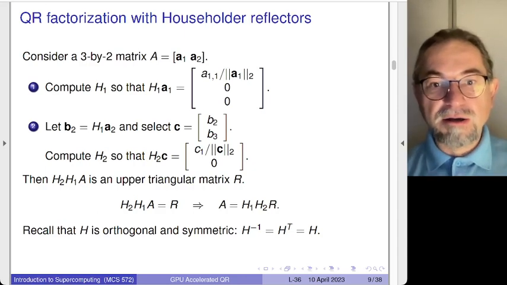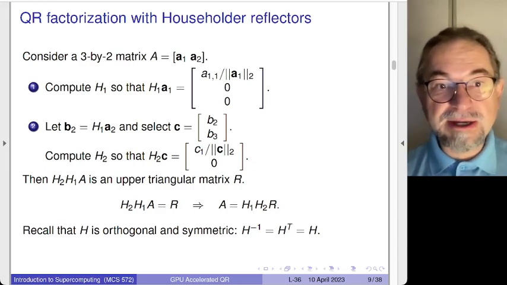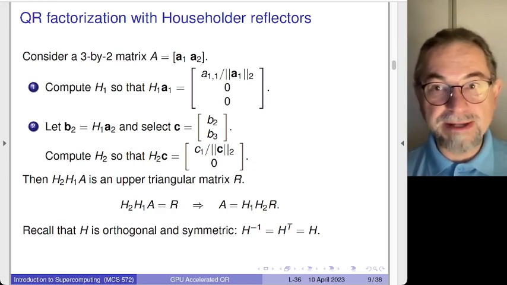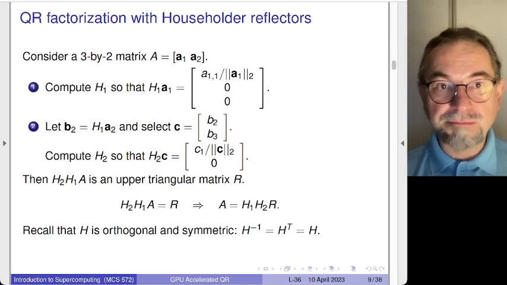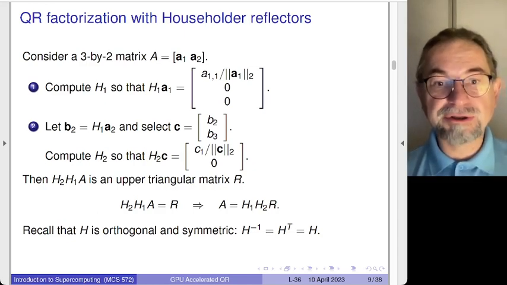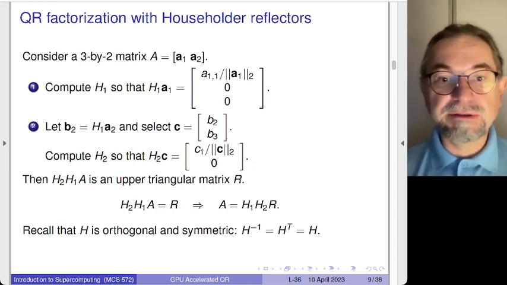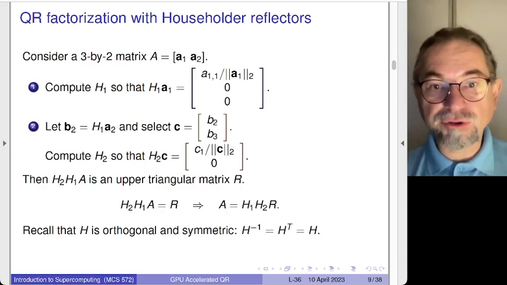So what we are doing is that we are using the Householder matrices to build an upper triangular matrix called R, and the orthogonal matrix, so the Q, then arises from the multiplication by the Householder matrices.